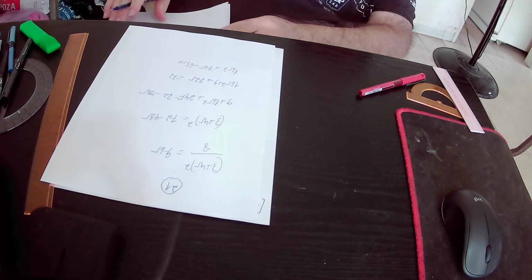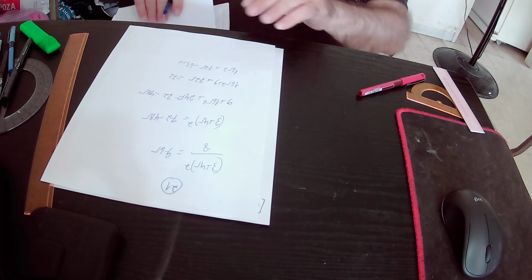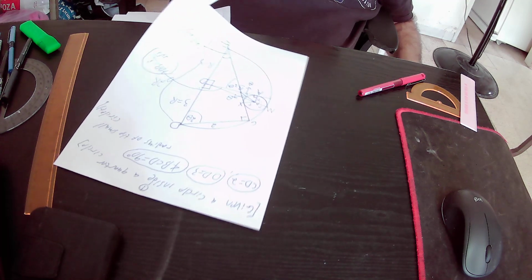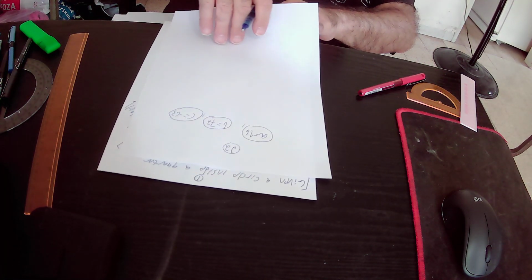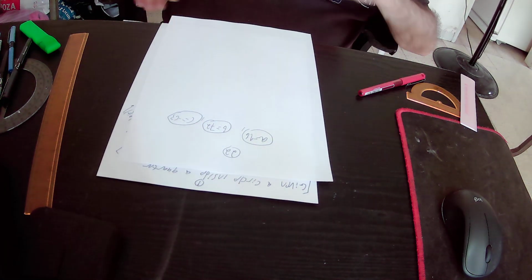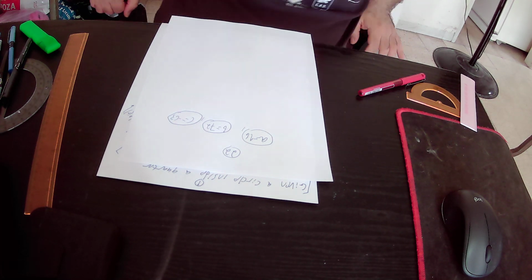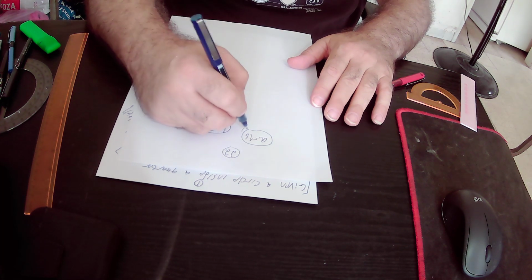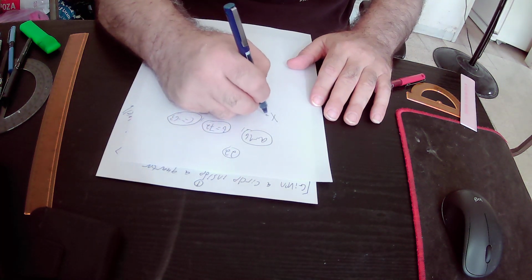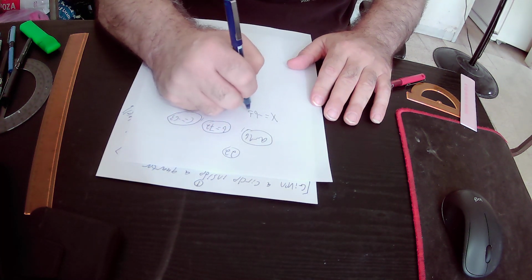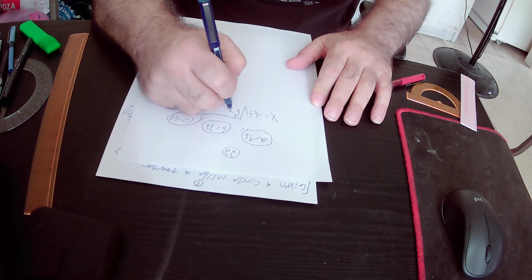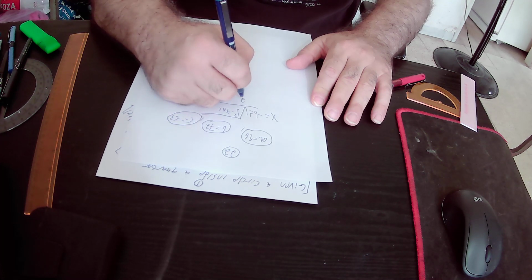The solution for a quadratic equation is x equals minus b plus minus the root of b squared minus 4 times a times c, over 2a.